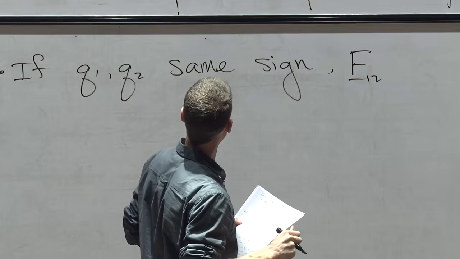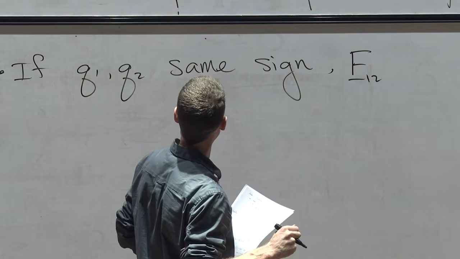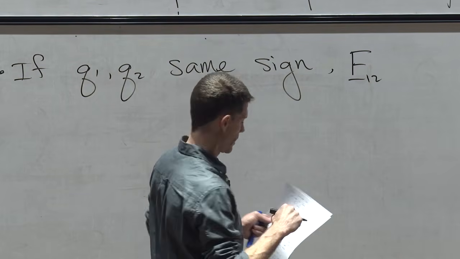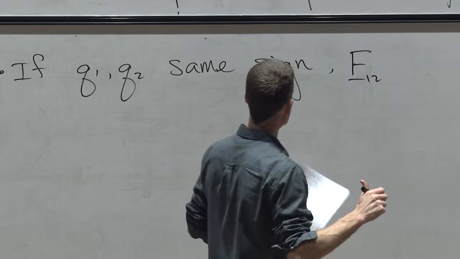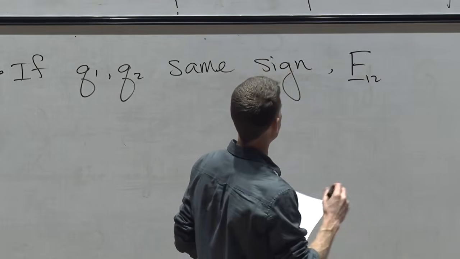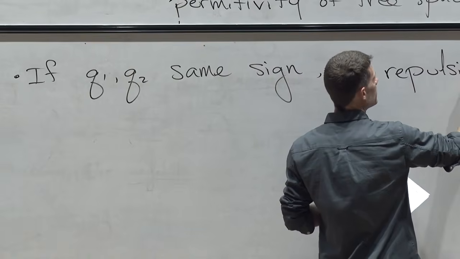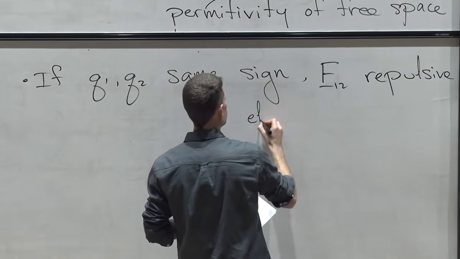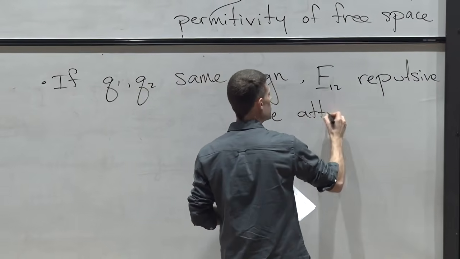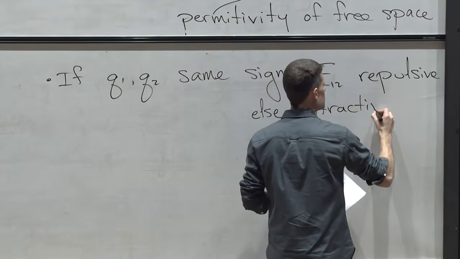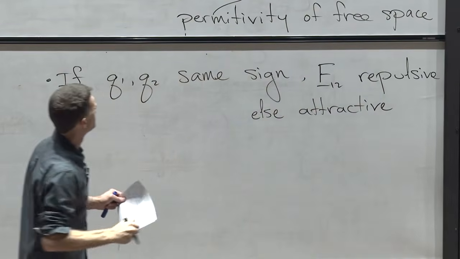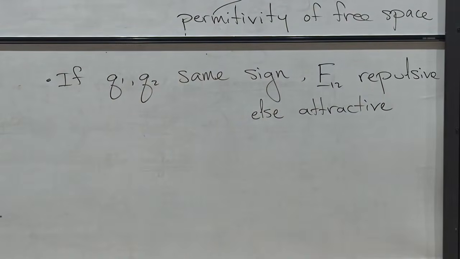I think my notes have it written the wrong way. If they have the same sign, it should be repulsive, right? Have I written that right? So r1.